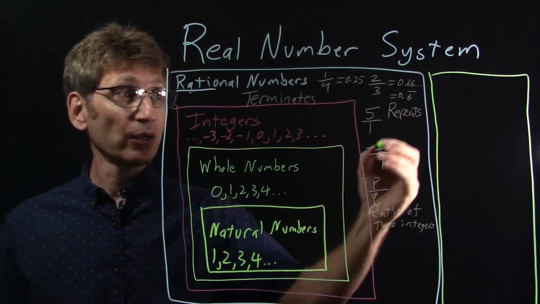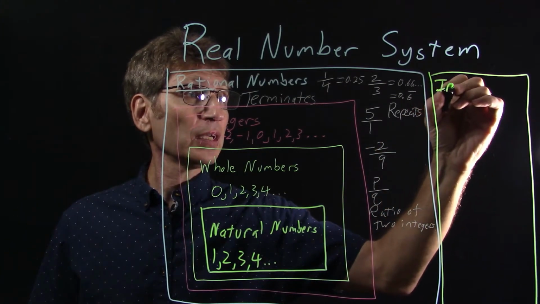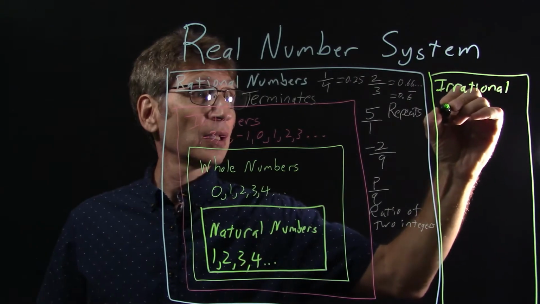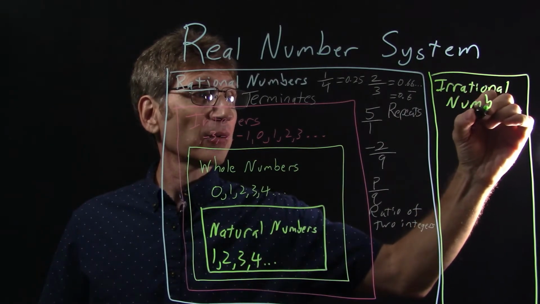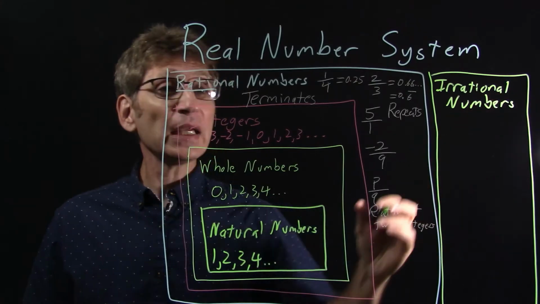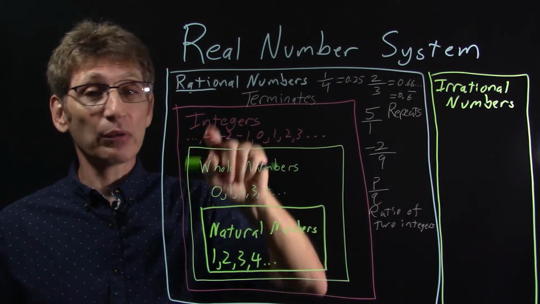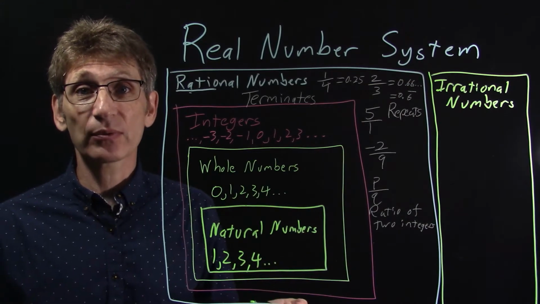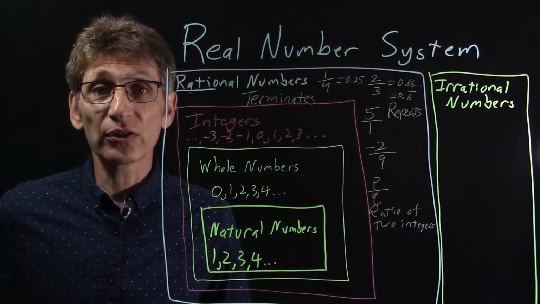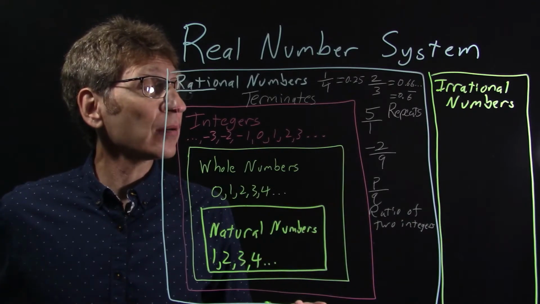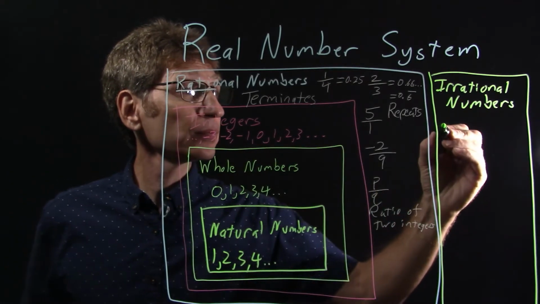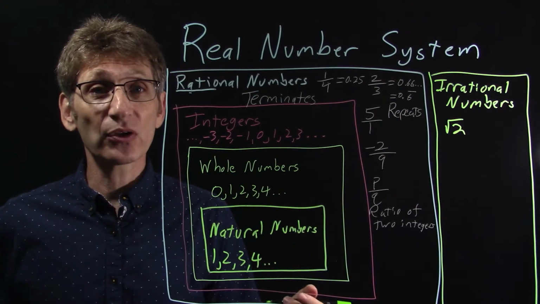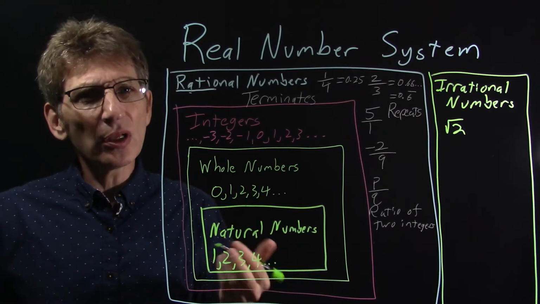The other set of real numbers are irrational numbers. Irrational numbers cannot be written the way we write rational numbers. So an irrational number cannot be written as the ratio of two integers. Here's an example. The square root of 2 cannot be written as a ratio of two integers. We can convert it to a decimal, sort of.